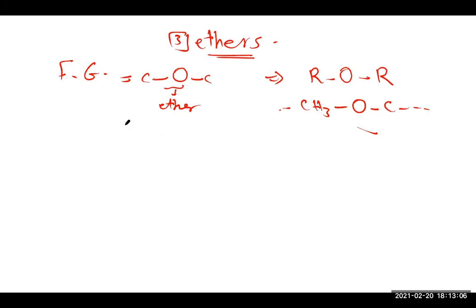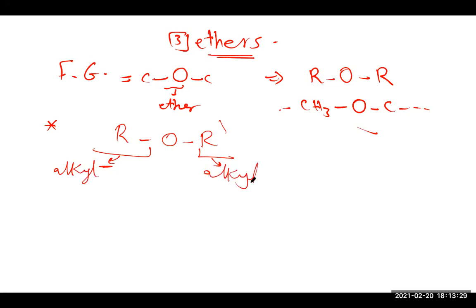How to name these compounds? Actually, here we are using the common way of naming, and it's a very easy one. If we have R and R prime here, these 2 groups can be identical or different. We need only to name them. They will be alkyl groups, so they will end with YL.